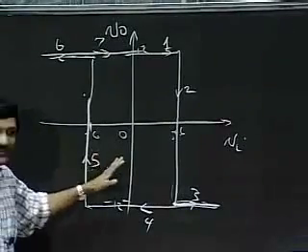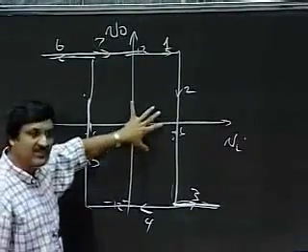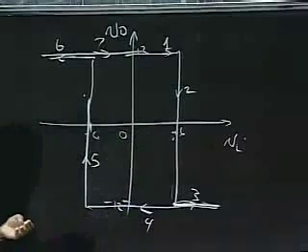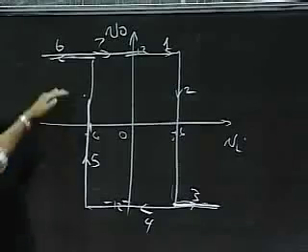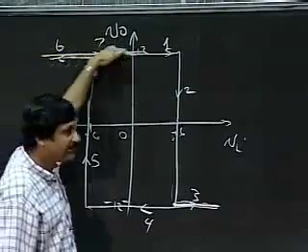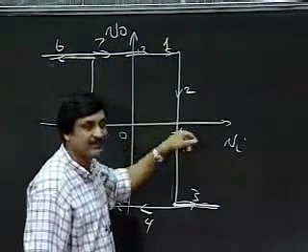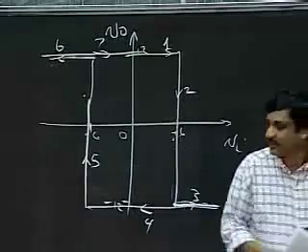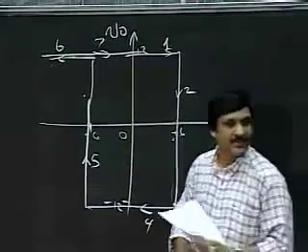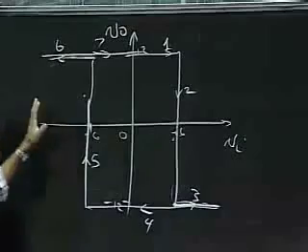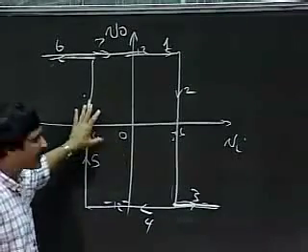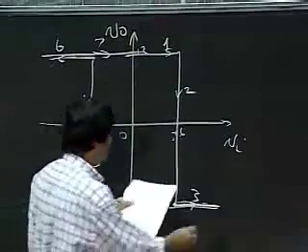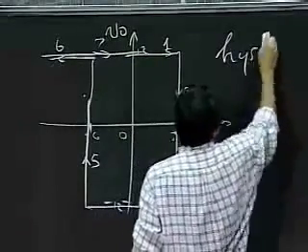What is spectacular about this is that I seem to have a circuit that now has some knowledge of where it came from. If it's coming from here, it switches at plus 6. But if it's coming from here, it switches at minus 6. So there seems to be a lag in the behavior of the circuit, or some memory property in the circuit. This kind of behavior is called hysteresis.